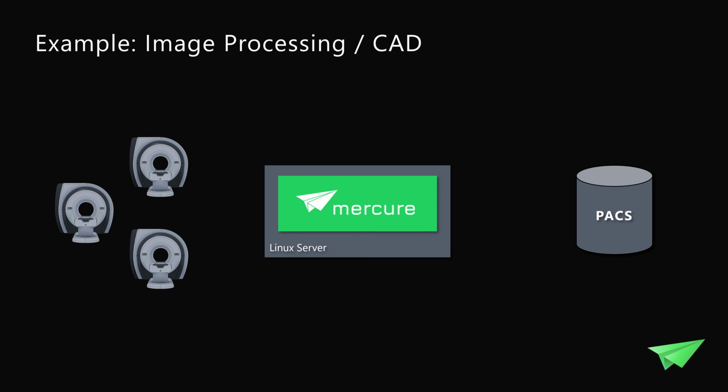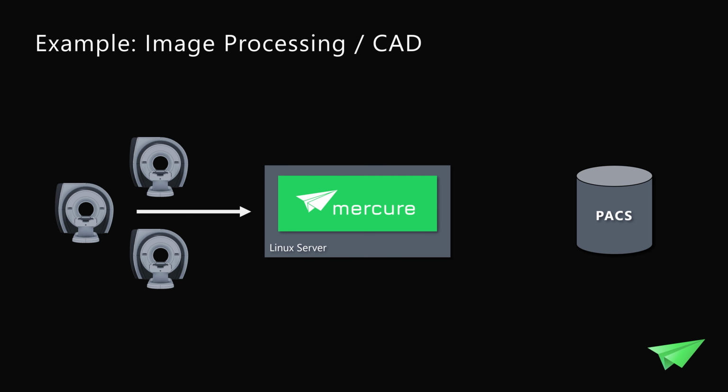So let's make this a bit more concrete. Let's say you have developed a new analysis algorithm that you want to deploy clinically. What you can then do is take a Linux server and install the Mercure software on this server, and you can then configure your scanners, your CT scanners or MRI scanners, to send the acquired studies to this Mercure server.